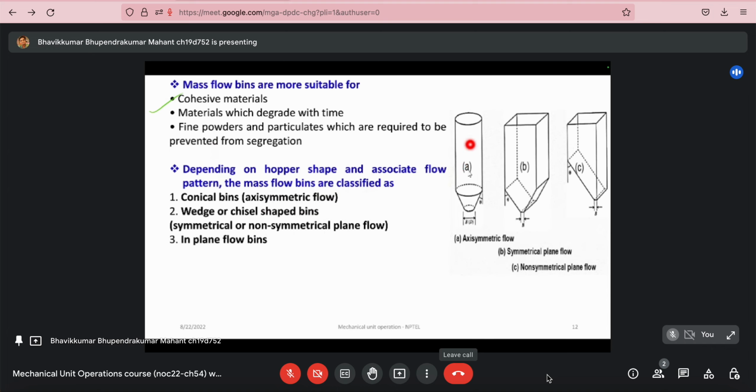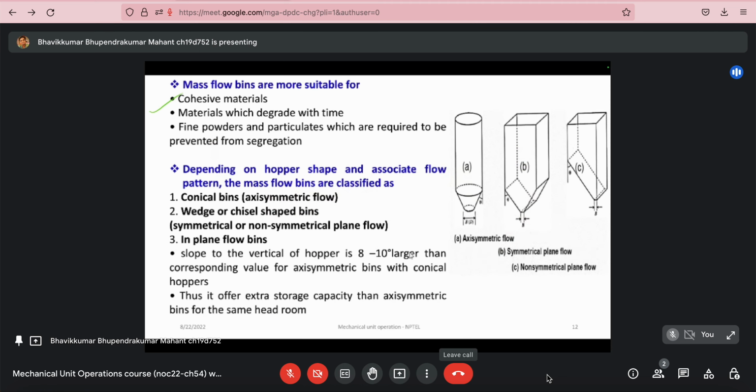One can use this cylindrical kind of equipment for the axis symmetric flow. Another one is plane flow, based on the symmetrical plane or non-symmetrical plane, which is wedge or chisel shape bins, and in plane flow bins.